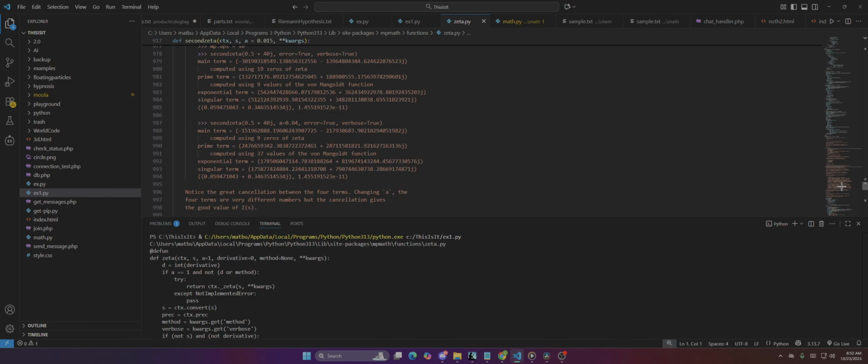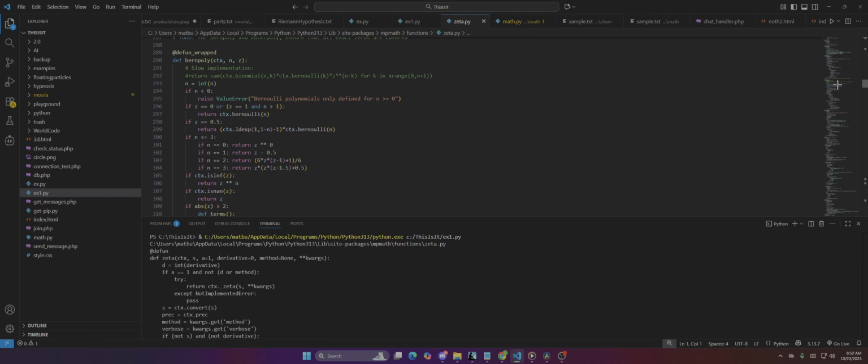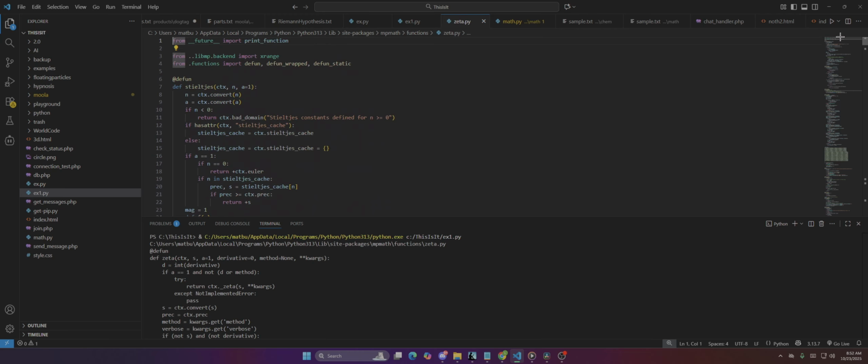Zeta.py. It's right here. So if we can analyze this, right? I feel like this is going to be using a lot of other classes and a bunch of methods that we don't know of. So it would take a while.